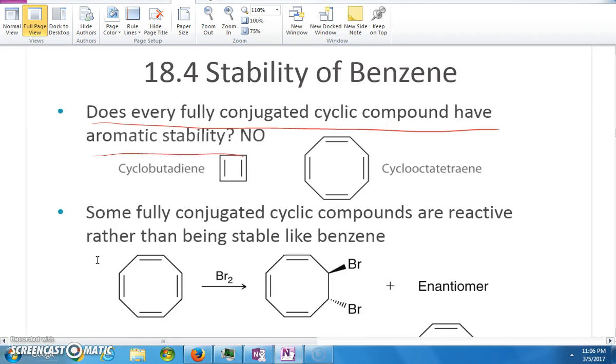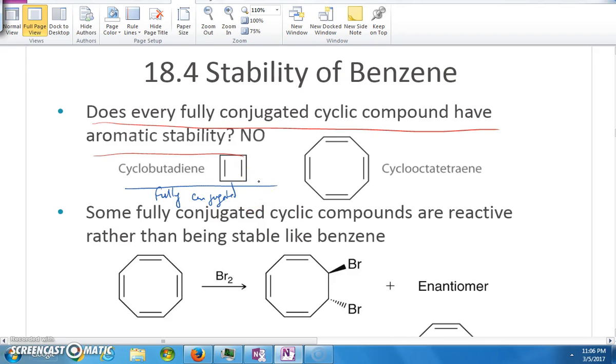Now, the fact that benzene is fully conjugated doesn't really have much to do with aromatic stability, because as you can see here, cyclobutadiene is fully conjugated, but it's not aromatic.